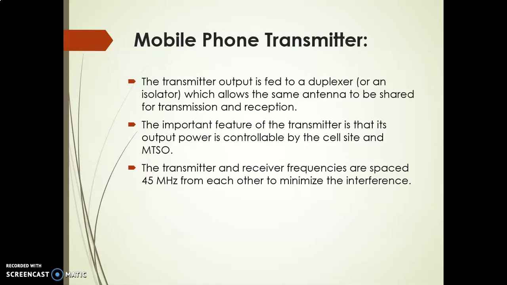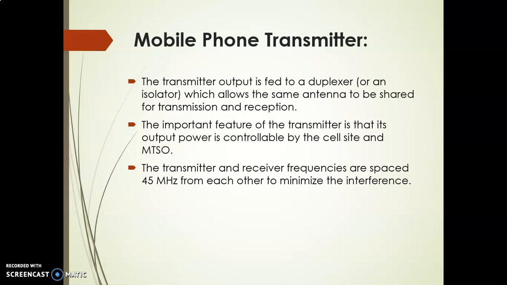Now the transmitter output is fed to the duplexer or an isolator, which allows the same antenna to be shared for transmission and reception. The important feature of the transmitter is that its output power is controllable by the cell site and MTSO.